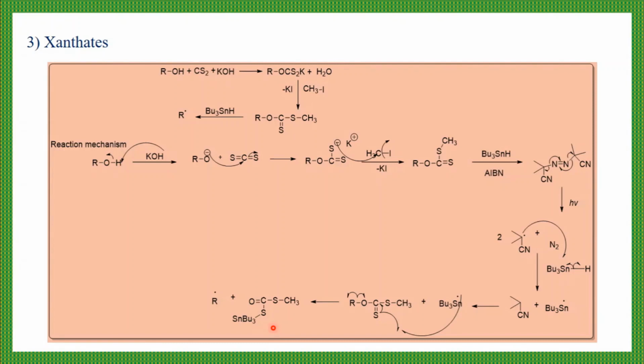So in today's lecture we learned that we can generate alkyl radical from alkyl halide by using tributyltin hydride. We can also generate it from nitroalkane, and we can also generate R radical from xanthate. So it has a wide variety of applications in radical organic synthesis.